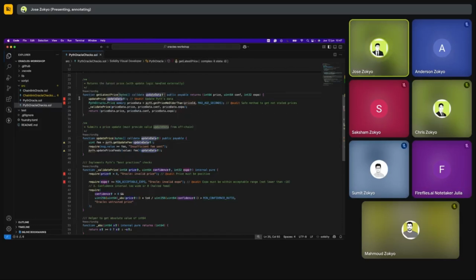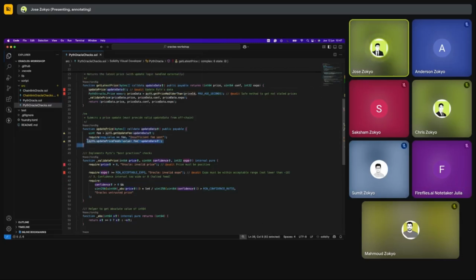Here we have the update data, which is introduced to the update price function. This function remains the same because we don't have to implement some tests here, because update price feeds, the internal function from Pyth, is checking if the signatures are correct.